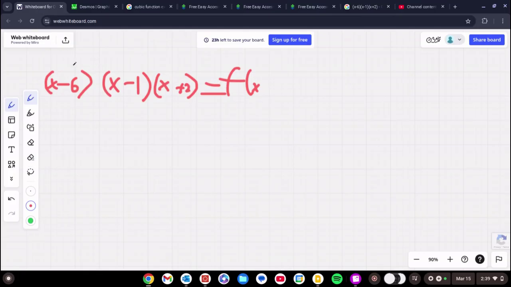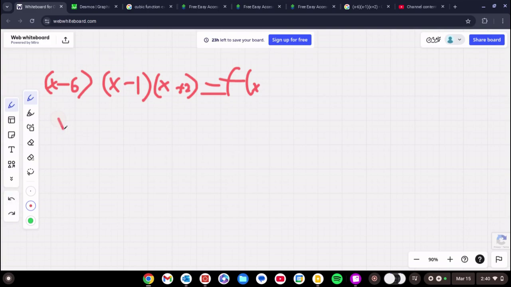So we can start with two of these terms using FOIL. So, remember first terms, then the outside terms, the inside terms, and then the last terms.